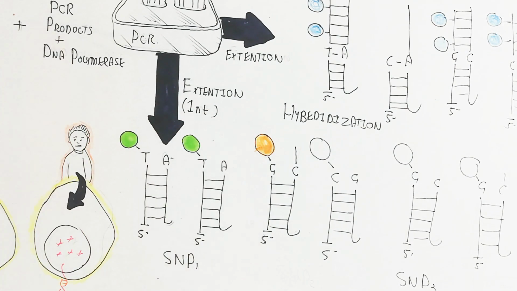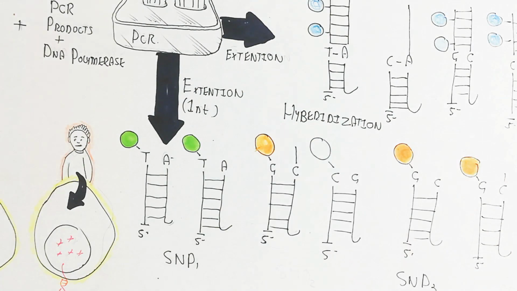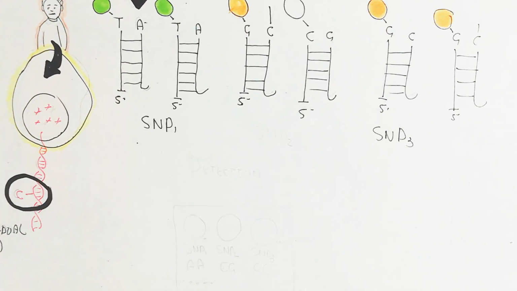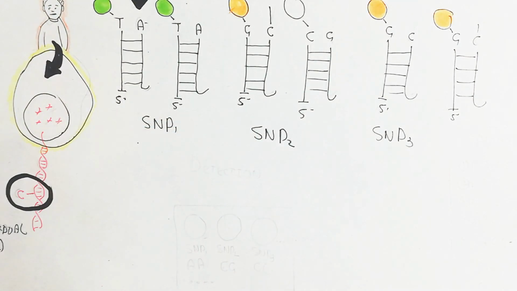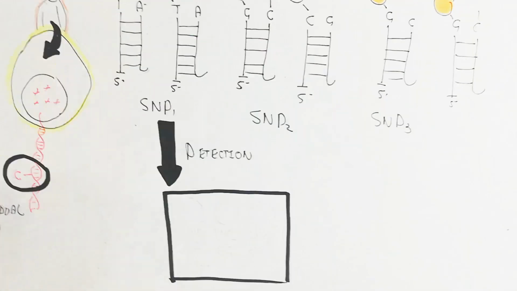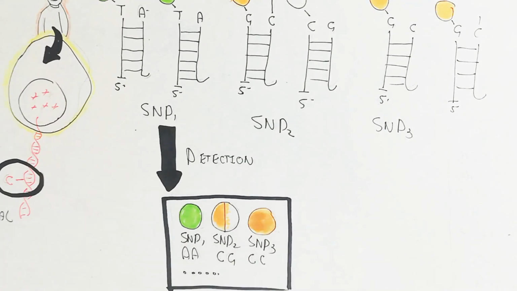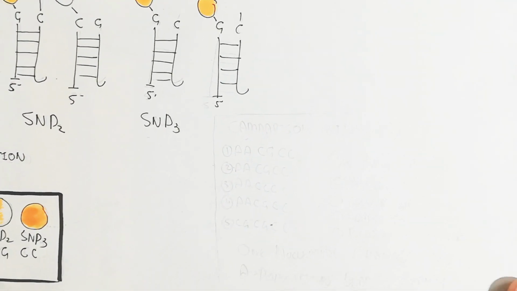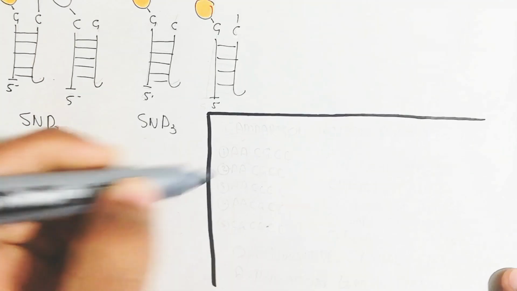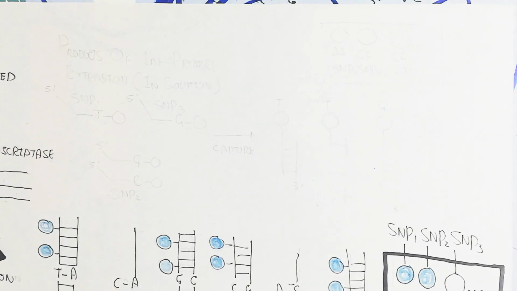So the SNP1 genotyping contains adenine. That is why adenine is the terminal. The opposite side will be thymine, and the attached opposite thymine will lead to production of color, and you can understand the detection in this manner. This produces the color adenine, which is SNP1 genotyping, and SNP2 genotyping and SNP3 genotyping.